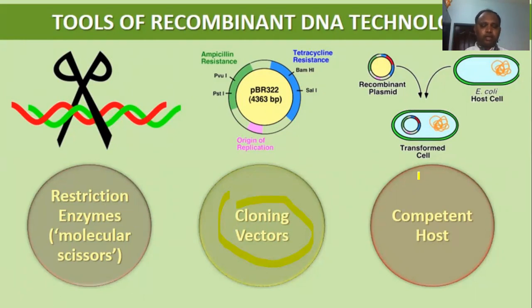The host may be a prokaryotic organism like bacteria, or a eukaryote, either algae, fungi, plants, protozoan species, or even animals. The organism where we transfer the gene is called the competent host. These are the three important tools. With the help of these tools, we create a genetically modified organism, nothing but a recombinant organism.